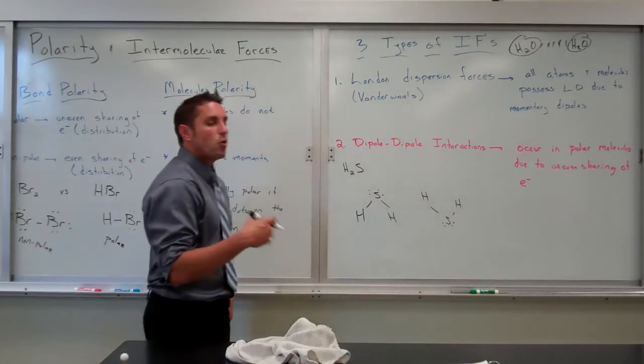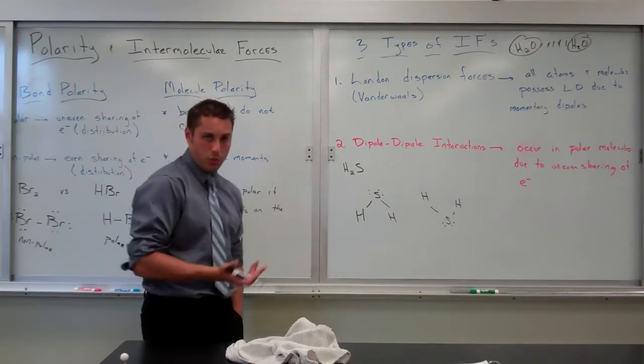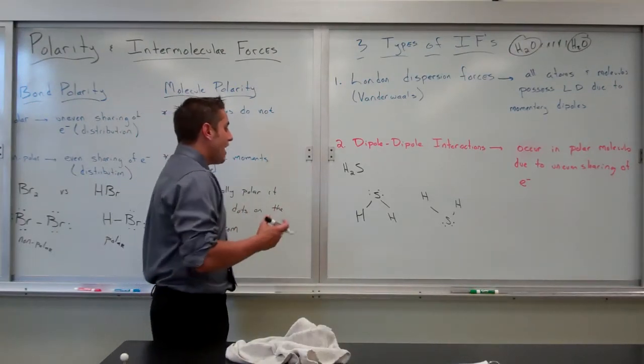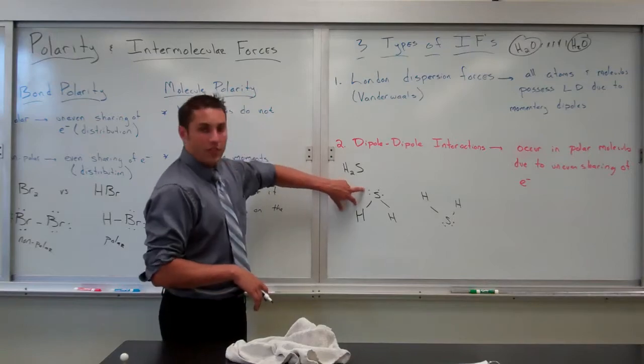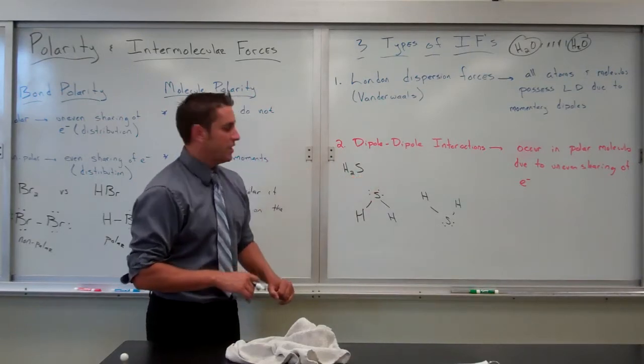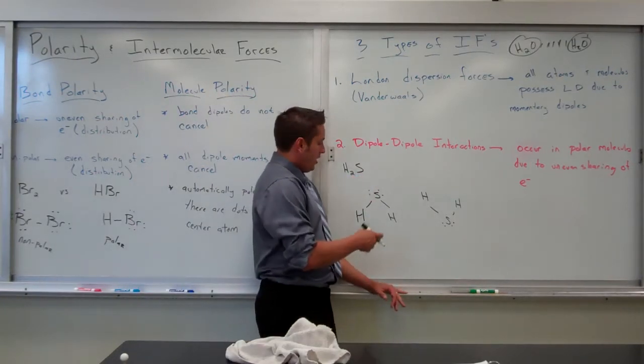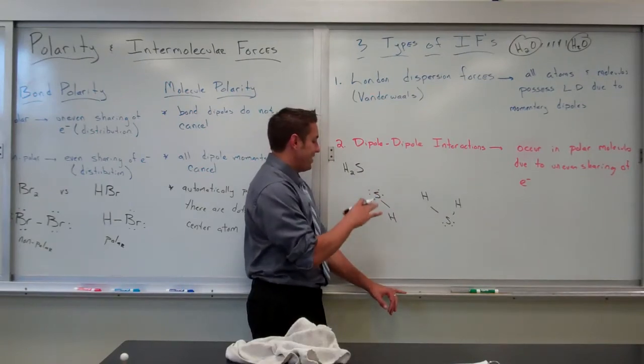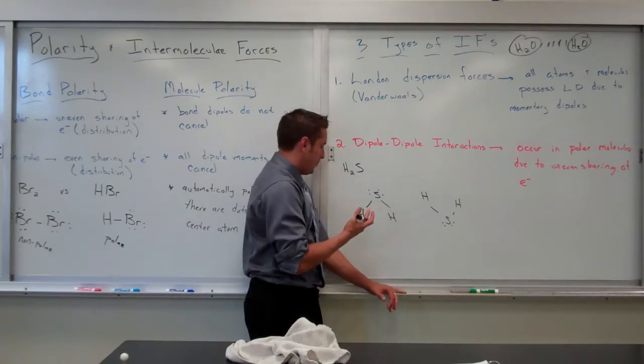And the question becomes, why do we see an interaction between these things? The answer has to do with looking at these molecules individually. If you notice, this is a polar molecule, which means the electrons are unevenly distributed.